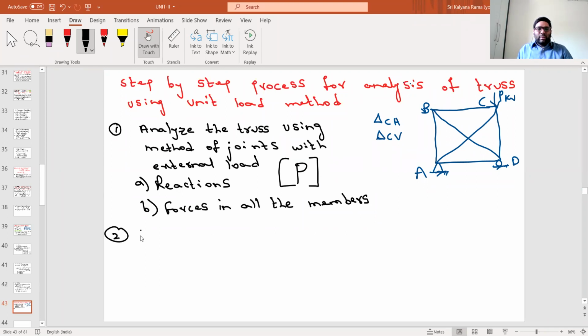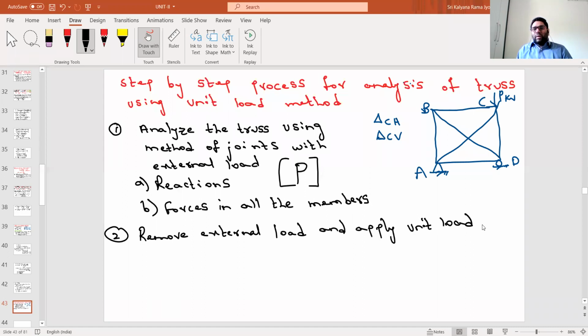Second step, remove external load and apply unit load, vertical for delta CV.